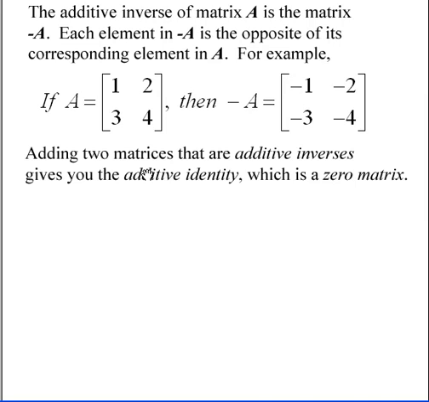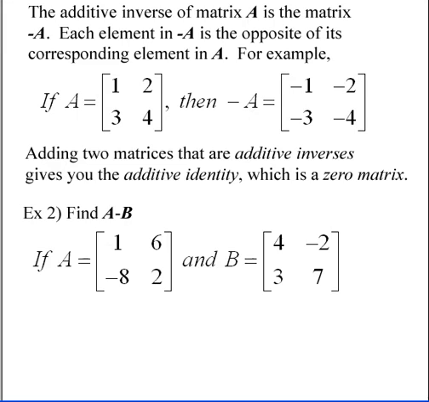And then if you add two matrices that are inverses of each other, that gives you the additive identity we just talked about before, which is a zero matrix. So 1 plus negative 1 is 0, 2 plus negative 2 is 0, 3 plus negative 3 is 0, 4 plus negative 4 is 0. That would give us that additive identity.